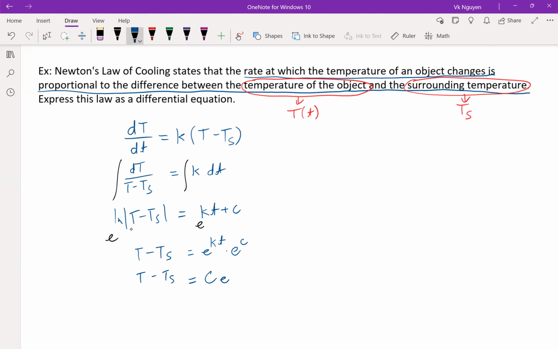Meaning that T minus Ts is Ce^(kt), and therefore T(t) is Ts plus Ce^(kt). Oh, this is cool.